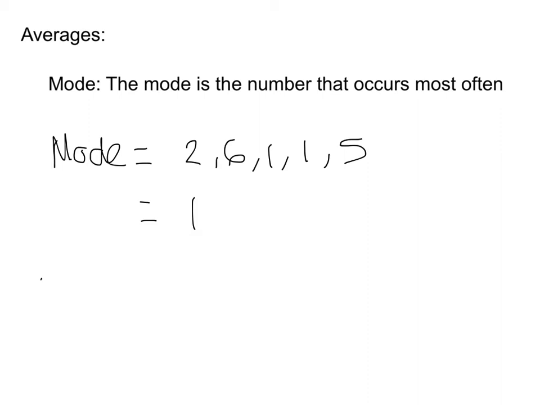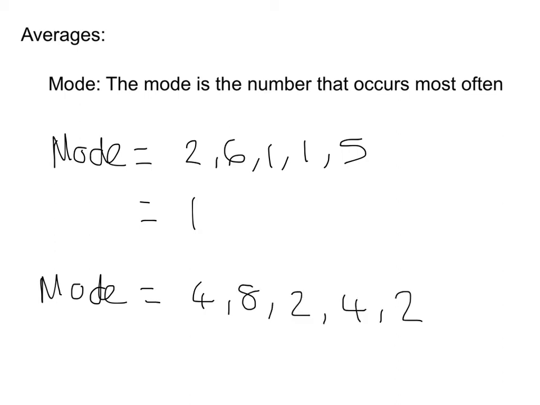If I was asked to work out the mode of a different set of numbers, and this set of numbers is 4, 8, 2, 4, 2, well, 4 occurs twice, 8 occurs once, and 2 occurs twice. Now this means my mode is 4 and 2, and we call this list bimodal because it has 2 modes.